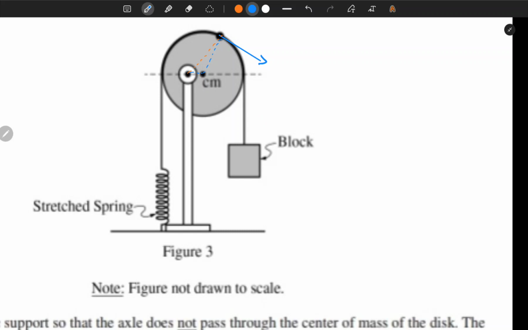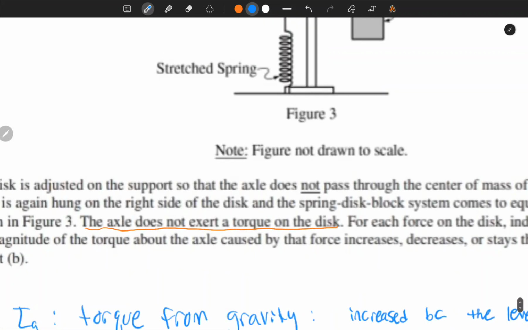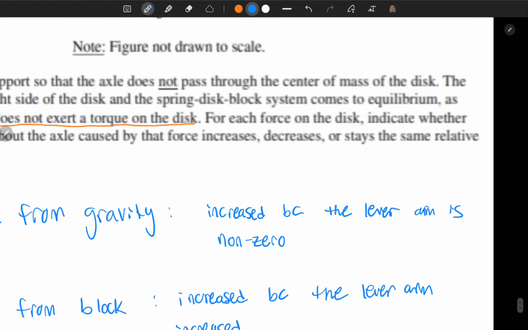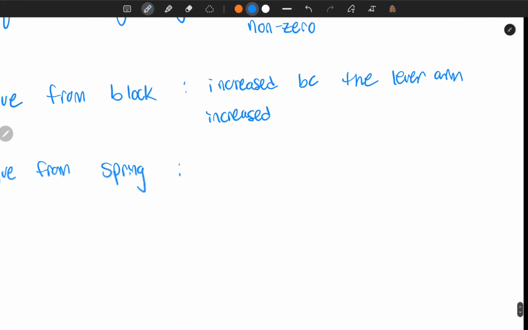The torque from the block acts clockwise, and the torque from the spring acts counterclockwise, so it just had to be large enough to counteract the block. Now, since the system is in equilibrium, as it states in the problem, we know that the net torque is equal to 0.